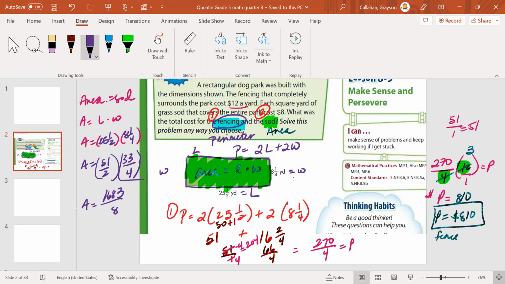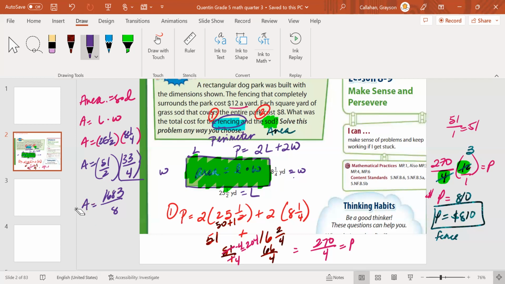No more eating, please. And if I divide that 1683 by 8, that is going to give me 210, or actually we'll just leave it like that.